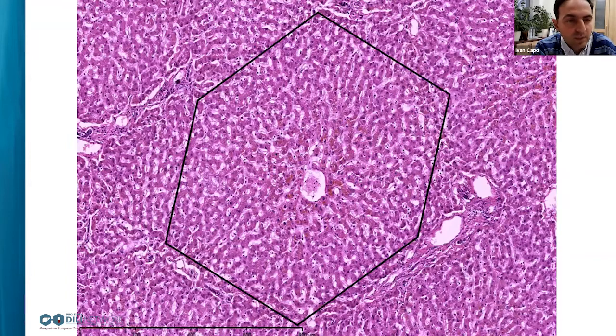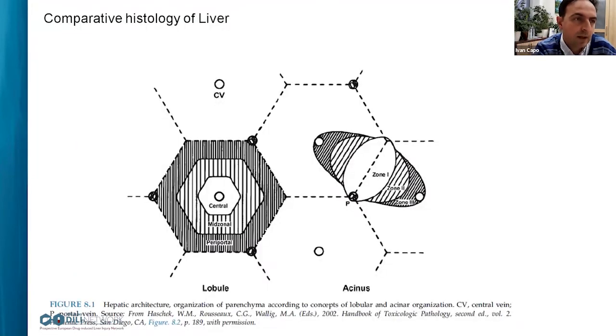This is at larger magnification, and everybody knows that for didactic reasons we say that this is the primary and this is the border of these classical lobules, but sometimes in histology we need to imagine the borders in order to recognize some structure.